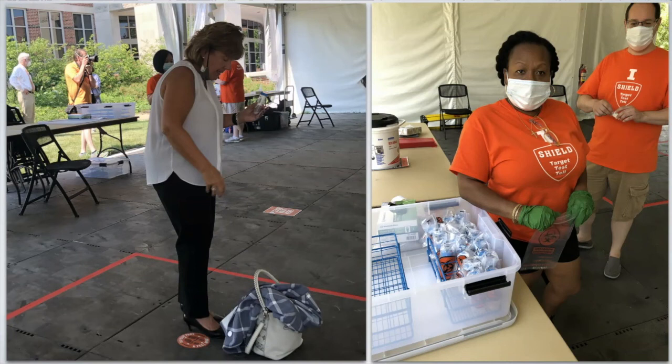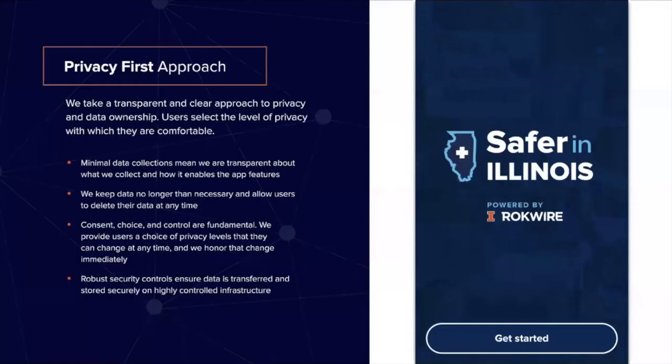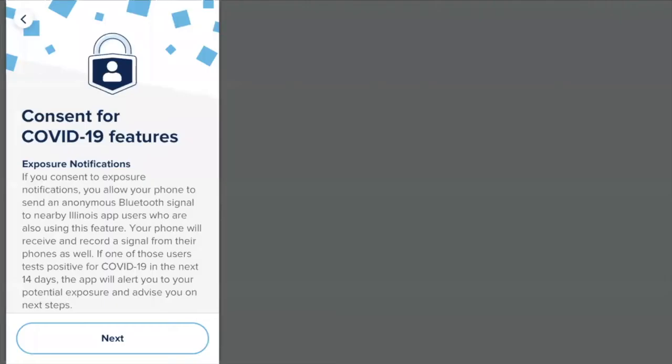Students or faculty members who have opted in can get their test results pushed quickly to their phones. As I mentioned earlier, we take a privacy-first, or privacy by design, approach in developing Safer Illinois. We have very minimal data collection, and we're very secure about how we transfer this health information to people.